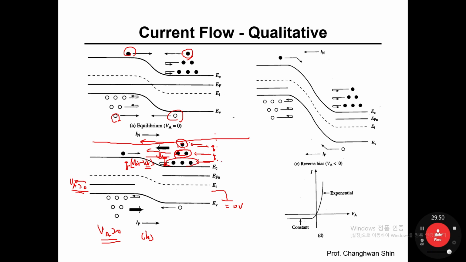Simply speaking, if this is 0, 1, 2, 3, 4, energy is increasing at a linear pace, but at each energy level, the total number of electrons is exponentially increasing or decreasing. So if you increase the forward voltage across a PN diode, the number of electrons that can participate in moving into the P side would increase exponentially.